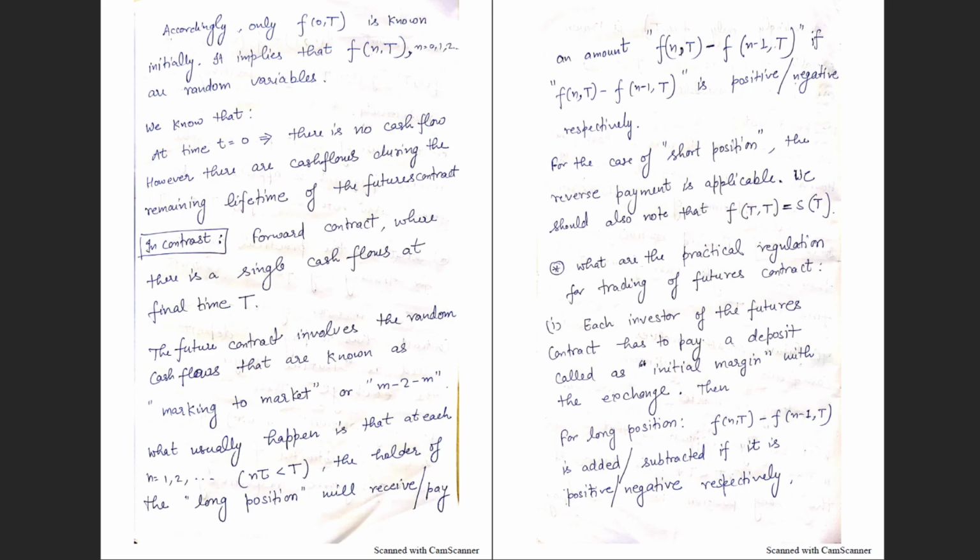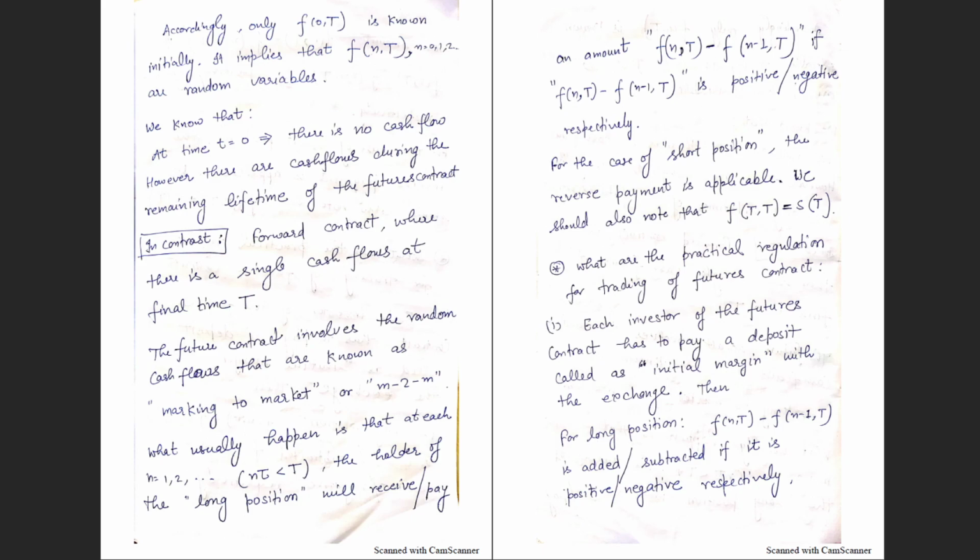That is why futures are designed this way, and there is cash flow during the lifetime of the futures contract. If it is still not clear, I'll explain shortly, with an example, how this futures payment is done.